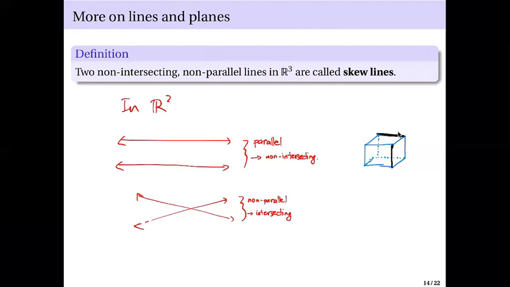This one is parallel to this; they will not intersect, but they are parallel. This one is also parallel with this. Now this one is parallel to this edge, and also to this edge and this edge. They are parallel, so they will not intersect.